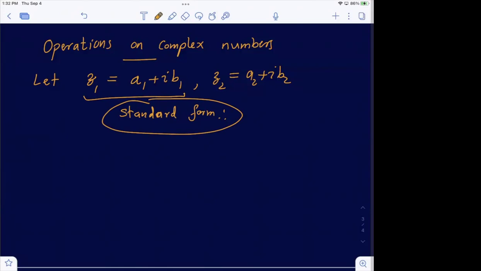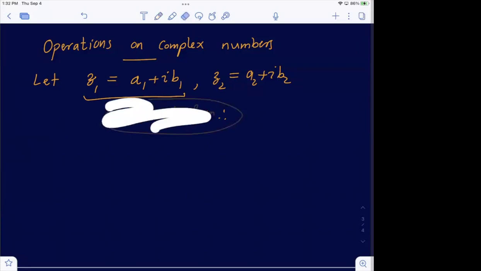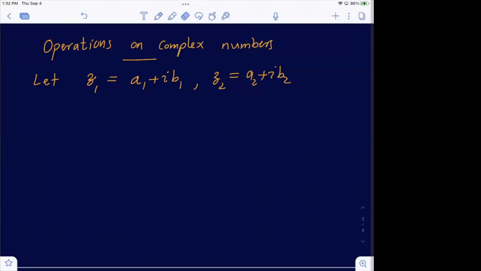When I represent a complex number in standard form, I implicitly assume that A1, A2, B1, B2 are all real numbers. Sometimes I may not state this condition explicitly, but it is always the case whenever I write the standard form.